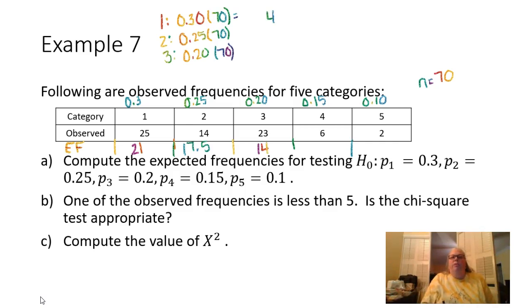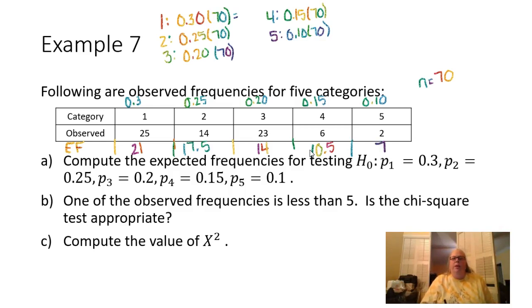Then for category 4, we're going to multiply 0.15 times 70, and that's going to give us 10.5. And then finally for category 5, we're going to multiply its probability 0.10 times 70, and that's going to give me an expected frequency of 7.